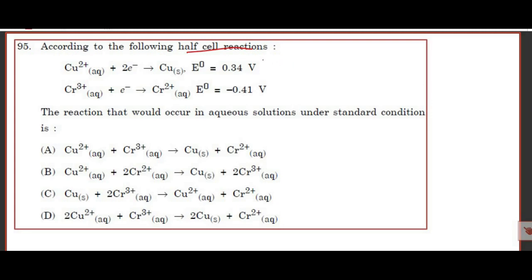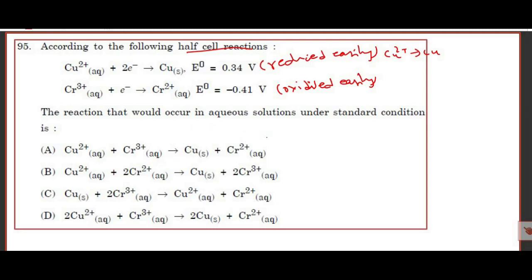So here copper is reduced easily, that is Cu2 plus to Cu. Here in the second equation, chromium is oxidized easily. It's a reduction potential, it's an oxidation potential.